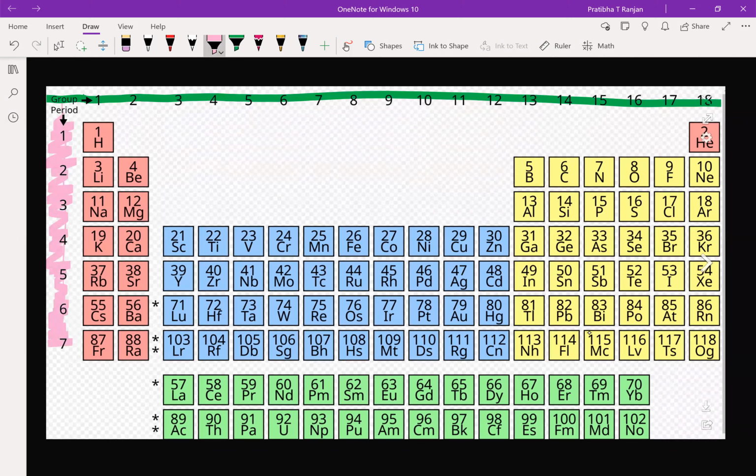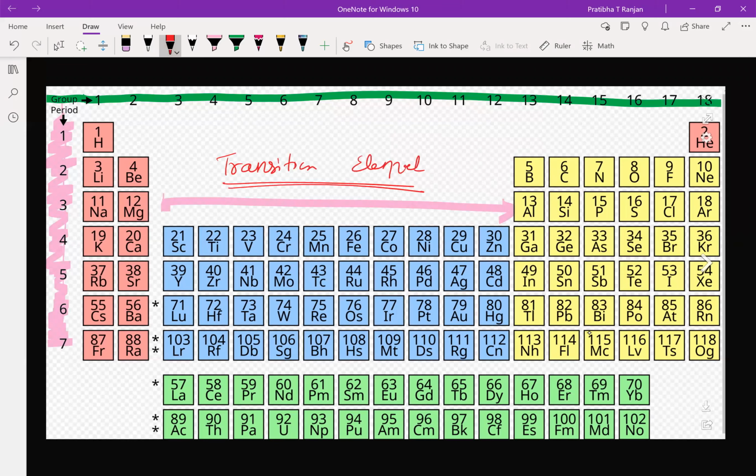As you can see, we have a total of 18 groups, but these blue ones are the transition elements. Though they are metals, they have some different characteristics: they are very hard, they make colored compounds, and they can show different valencies.